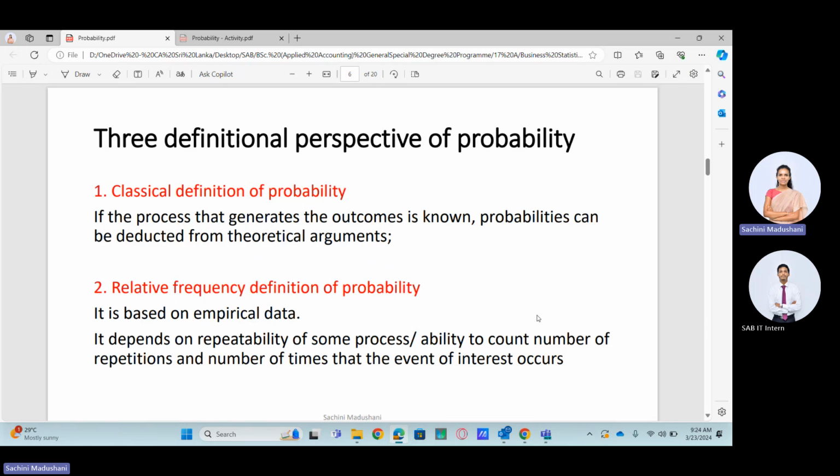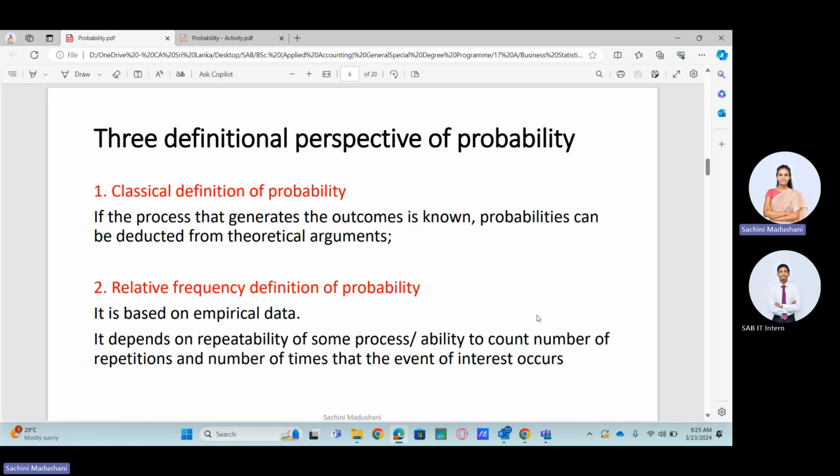For the first two approaches, the probability value of a particular event may be the same. Say we calculate the probability of getting a head, and there are 10 students here, and all 10 answers are equal. All of you say half. With the relative frequency approach we get the same, because we conduct the experiment.